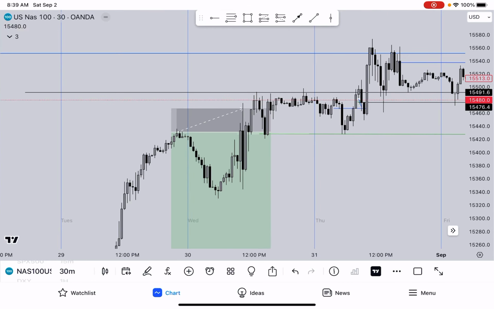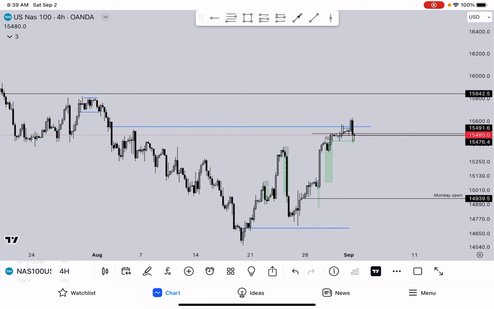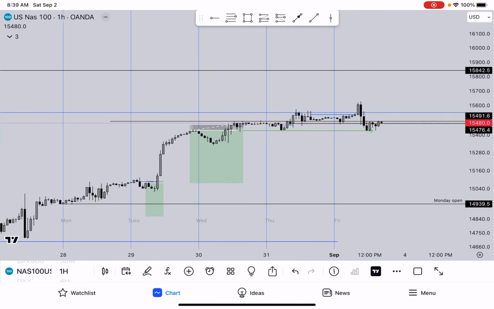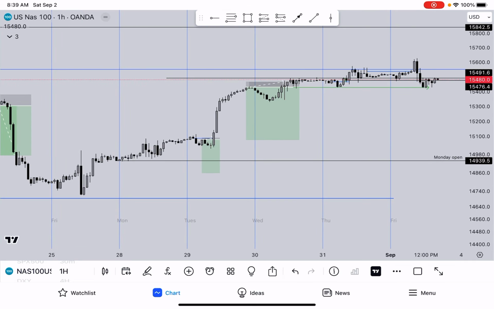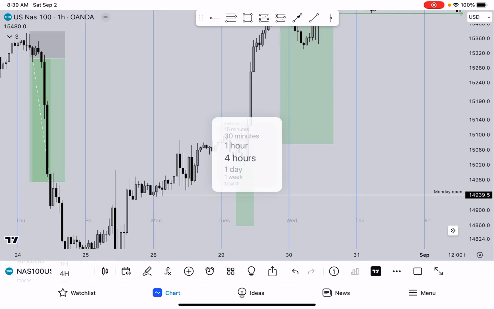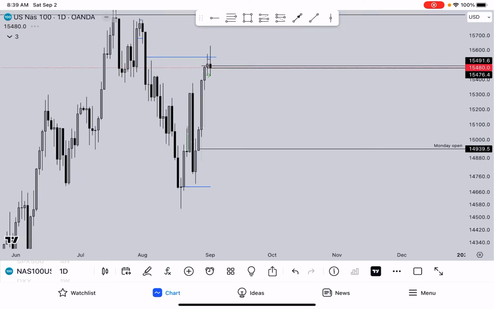NASDAQ, I took a trade here on Wednesday. Let's go back to the 4 hour. Wait, did I take a trade on Monday? Oh, okay. So I took two trades. One on Tuesday, one on Wednesday. Let's just look at the daily first.